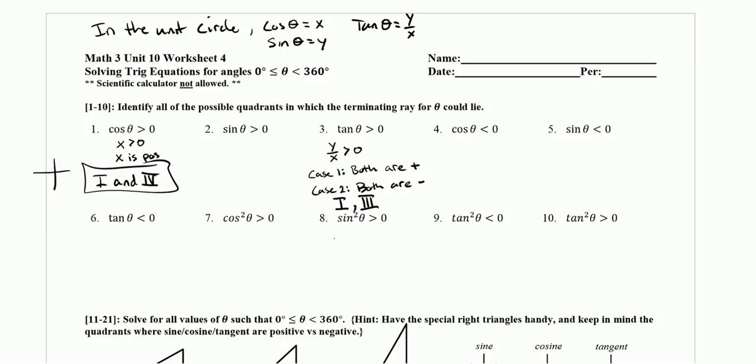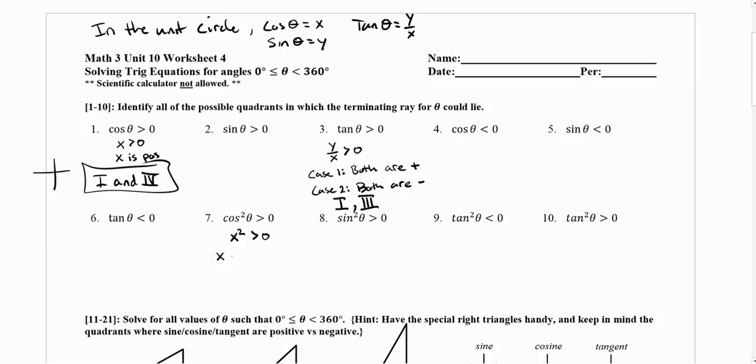Take a look at number 7. Cosine squared is greater than 0. So that's saying that x squared is greater than 0. Well, if you square any number, you're going to get a positive answer. And so what does this tell you about x?